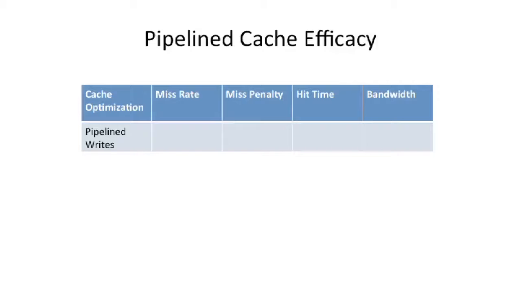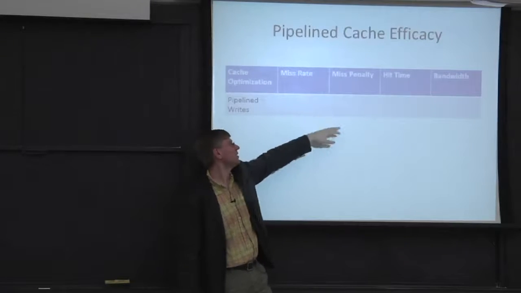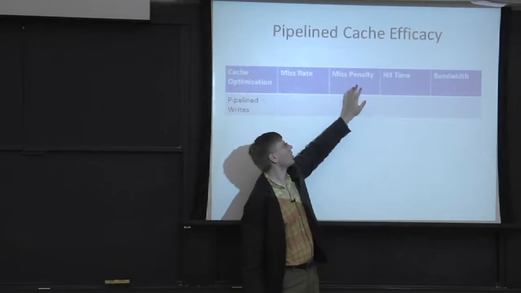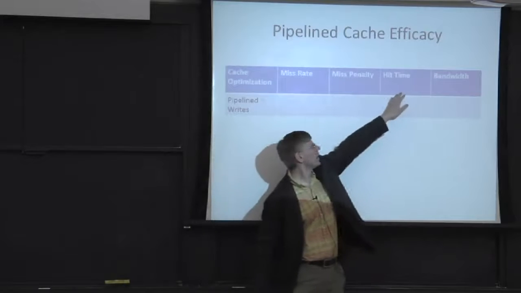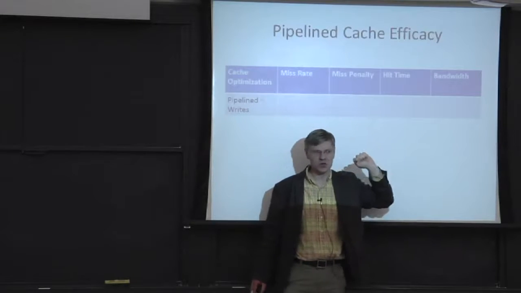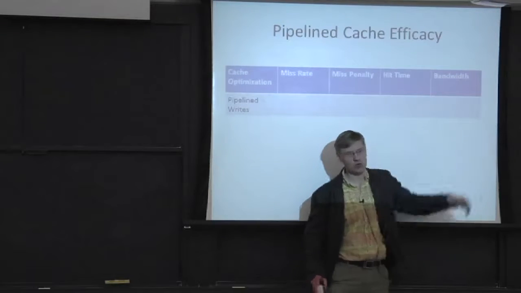OK, so let's go see how well this does. Pipelining our cache. We're going to use this throughout today's lecture. Ways that it makes life better: you can reduce the miss rate, you can reduce the miss penalty, you can reduce the hit time, and this would be, for instance, like having a smaller cache reduces the hit time, or you can increase the bandwidth to your cache.